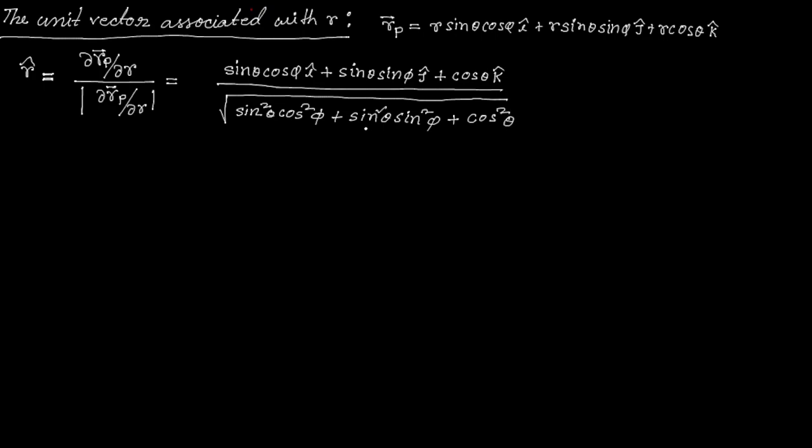From the denominator you can see, in the first two terms we can take sin square theta common. Then cos square phi plus sin square phi gives 1. So from the first two terms we get sin square theta, and then in the third term we have cos square theta. So sin square theta plus cos square theta will be 1. So ultimately this whole denominator will give you 1.